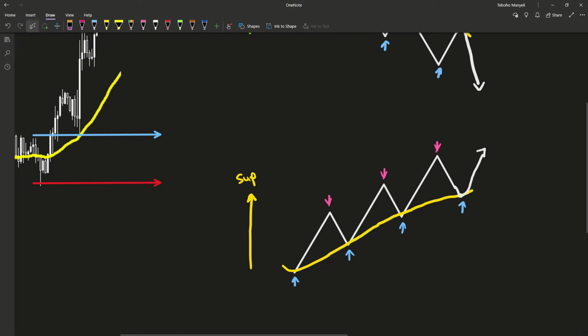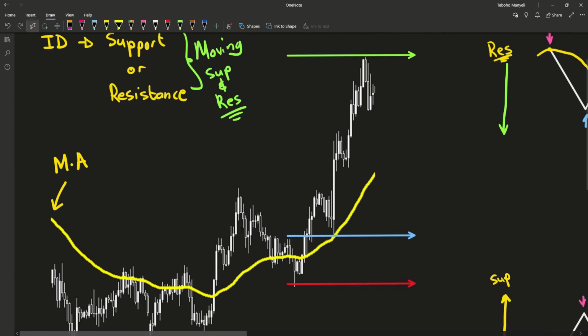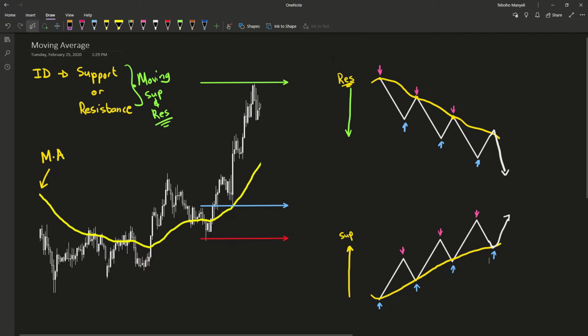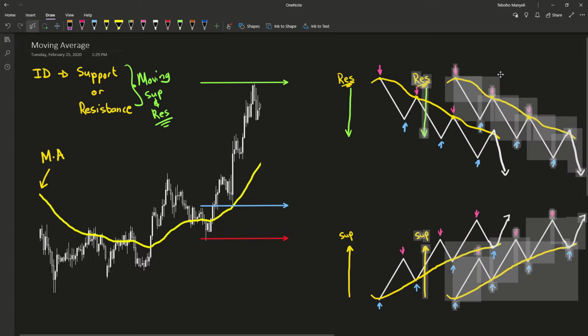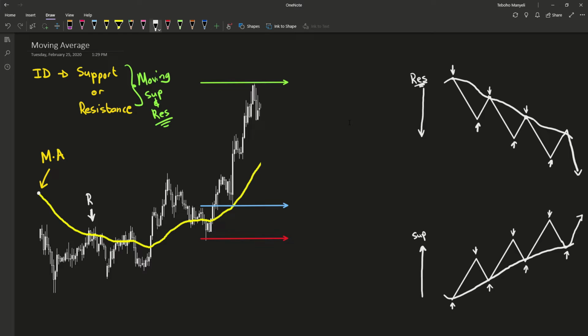Now with the example here, I just took a screenshot from an actual live chart. So let's create some space here. Let's move this way. So our moving average here, the price is moving, touches the moving average, and we act as a resistance over here, okay? The market moves lower and comes up.